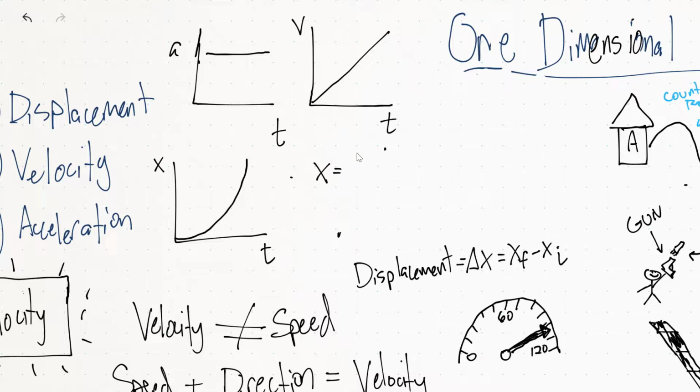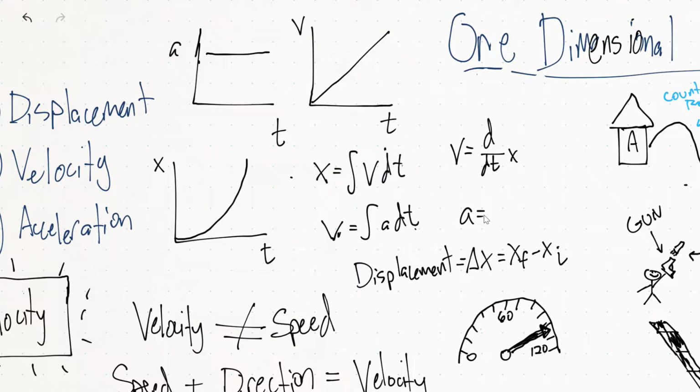Calculus helps us to understand the relationships between these graphs because the velocity is a derivative of the displacement and the acceleration is the derivative of velocity. Velocity can also be seen as an integral of acceleration, while the displacement is the integral of velocity. A derivative is basically a tangent line.